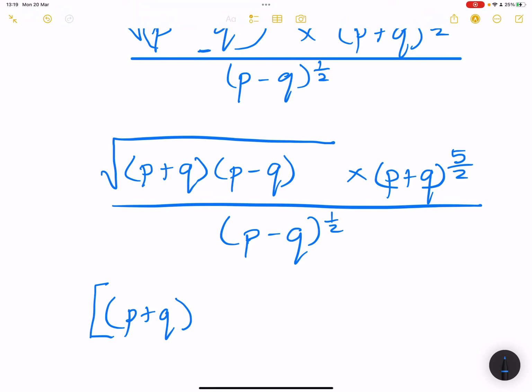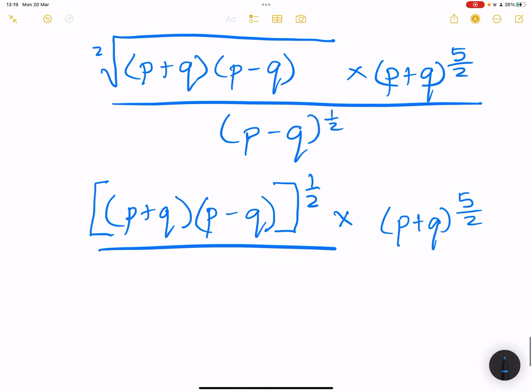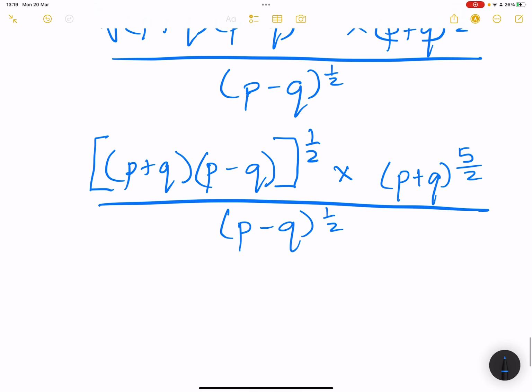We've got p plus q, p minus q, all of that raised to the power 1 over 2. Remember the square root, there's a 2 there, so all of it is actually raised to the power 1 over 2. This is multiplied by p plus q raised to the 5 over 2. I'm just dragging this so that you get the gist of it.